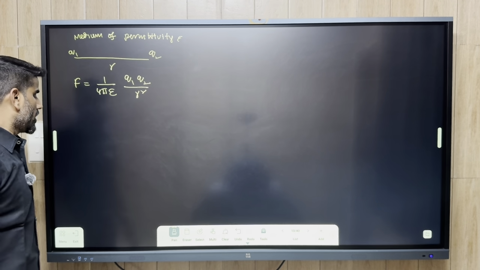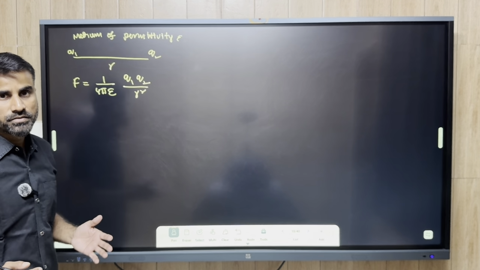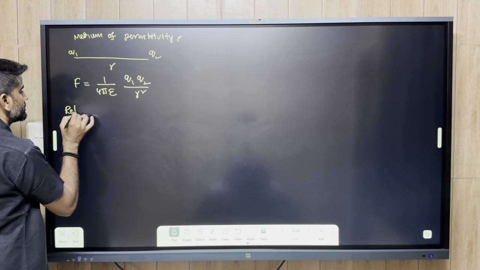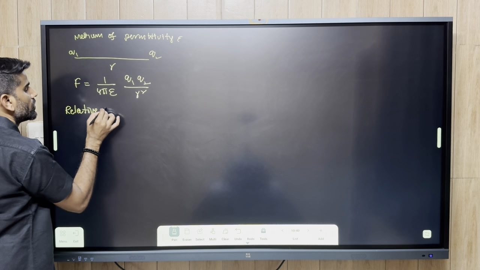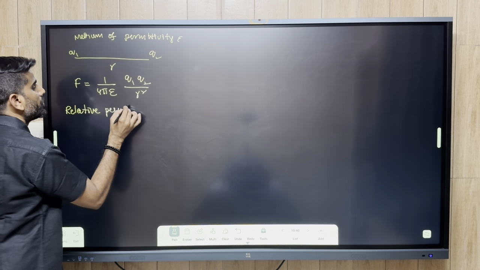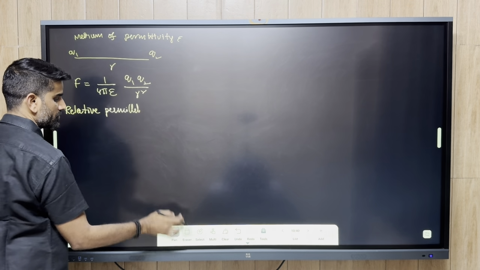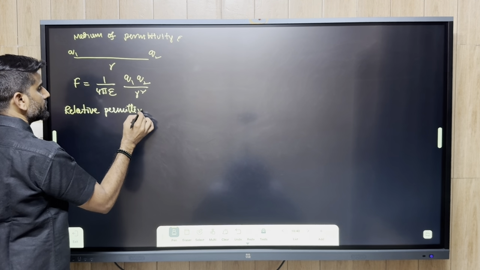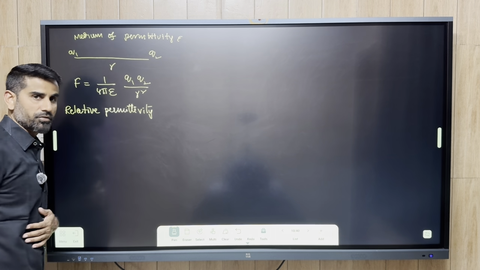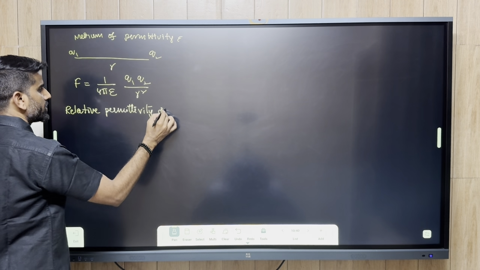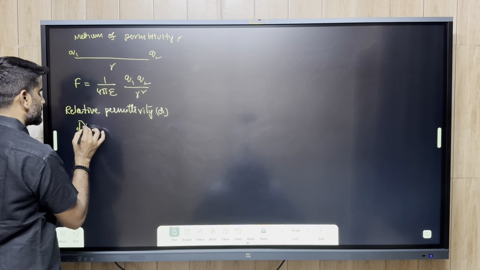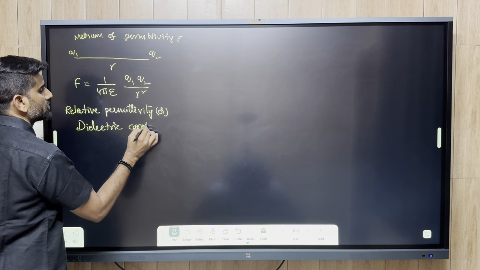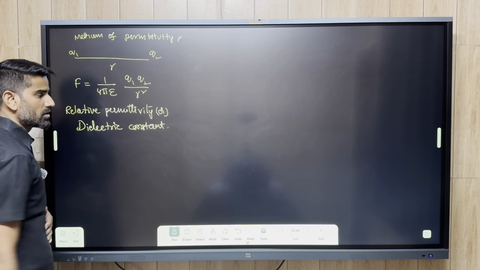But anyhow, I'm going to define a new quantity here that we need to remember, which is relative permittivity, which we also call dielectric constant.